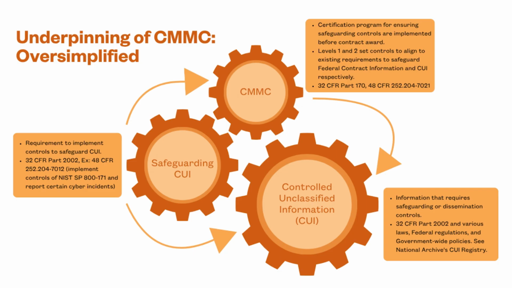In other words, generally speaking, the CMMC program is a way for defense agency customers to ensure that companies have implemented the required controls before contract award. For example, CMMC Level 2 maps to the 110 controls of NIST SP 800-171. So CMMC Level 2 is about certifying prior to award that the controls of NIST SP 800-171 have been implemented.